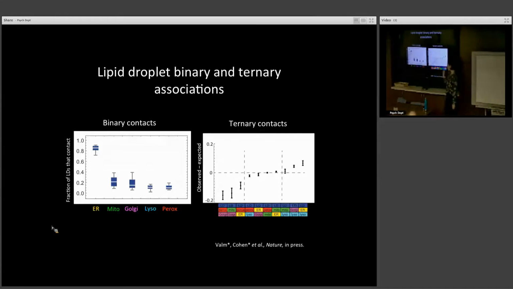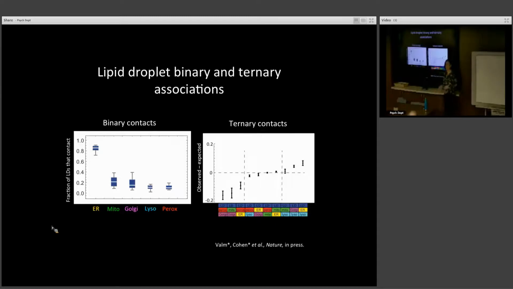So this is a lipid droplet that is touching 2 other organelles. So in this case, a lipid droplet that's touching both a peroxisome and the Golgi, or both the mitochondria and the Golgi. And we compared what we observed with these ternary contacts to what you would expect based on pairwise contacts between the organelles. And some of these were as expected, while some were higher and some were lower.